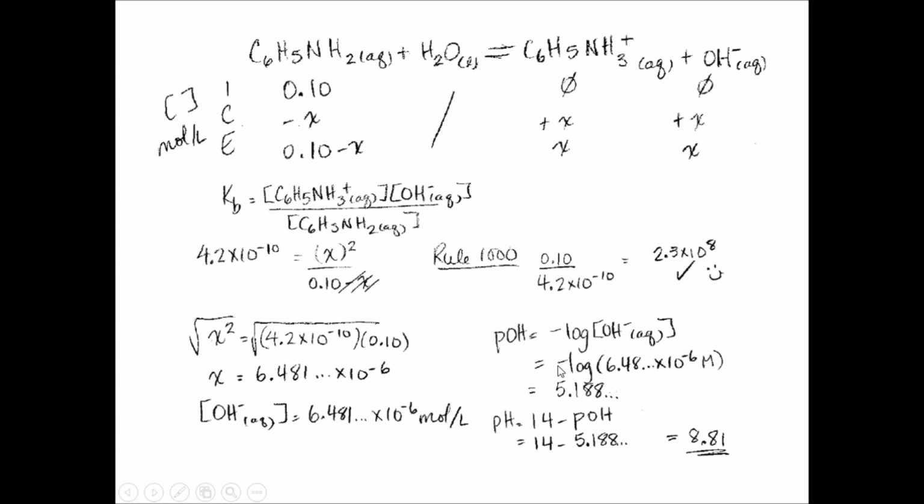So that is going to be negative log of 6.48 times 10 to the negative sixth moles per liter. pOH is equal to 5.188. Now that we know the pOH, we can solve for pH. pH is equal to 14 minus 5.188, giving us a pH value of 8.81.